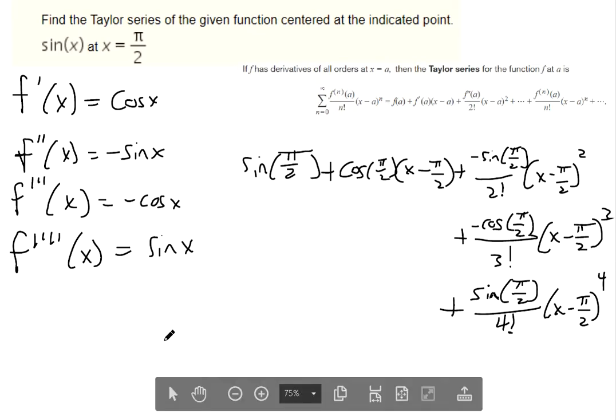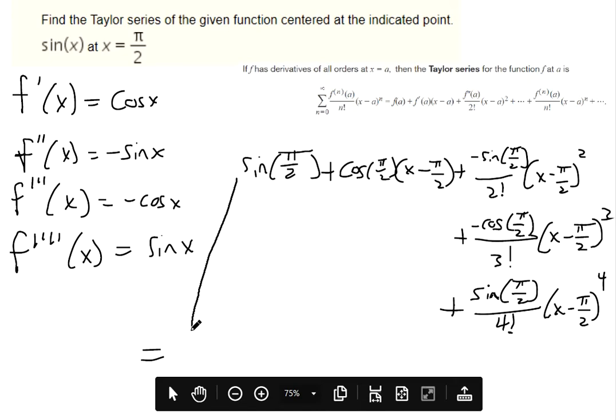So there are a lot of terms here that are going to simplify. I'm taking this whole thing and I'm going to start doing a lot of simplifying. First, sine pi over 2 is 1. So this whole thing is being multiplied by 0, so that's 0.